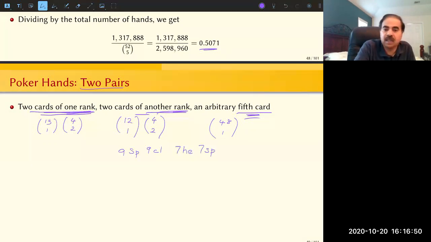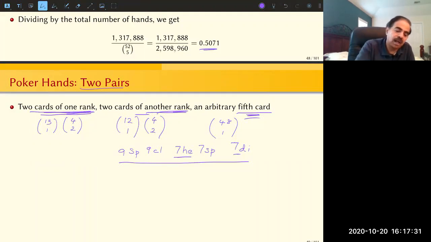And let's say the fifth card happens to be 7 diamonds. I'm sorry, I don't know why I was saying 7 hearts.